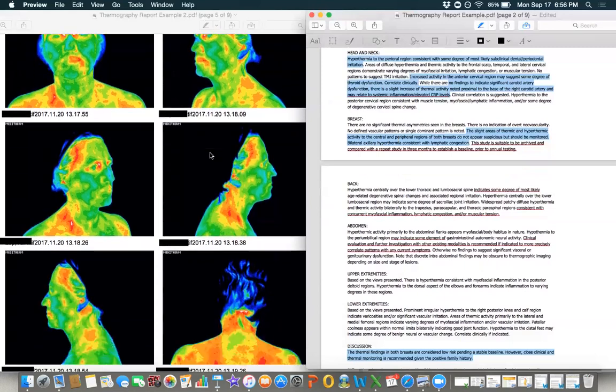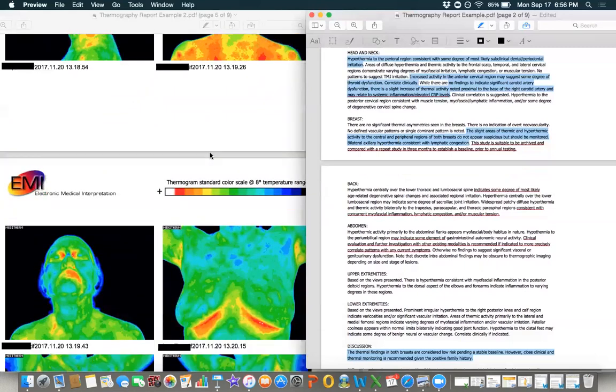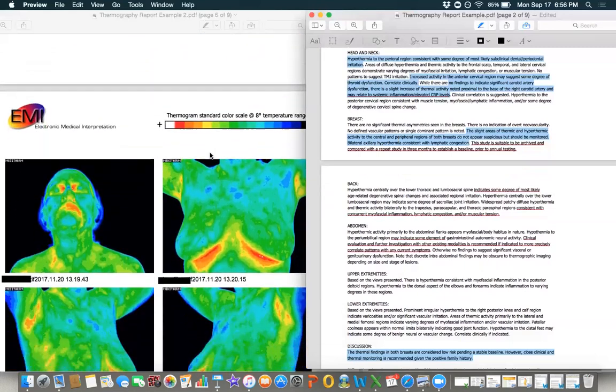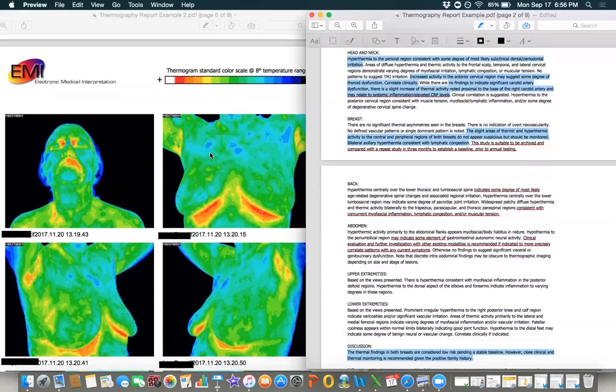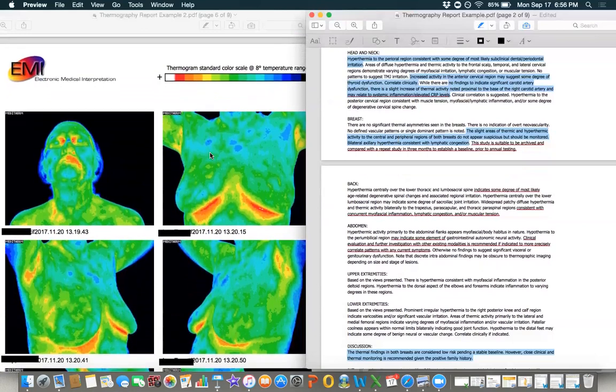And then in the breast section, this person does have some slight areas of thermic and hyperthermic activity to the central and peripheral regions of both breasts.